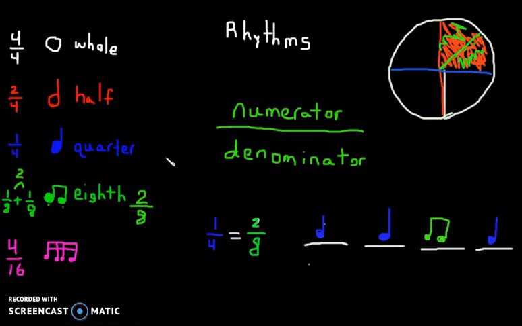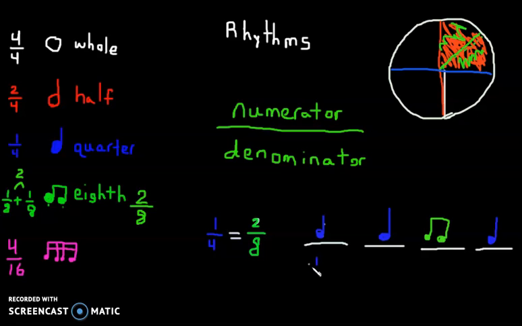Okay, so let's add these real quick. These should equal a whole. So a whole note is 4 beats. It should have 4 over 4, or it should equal 1 whole. So I'm going to write my fractions below.